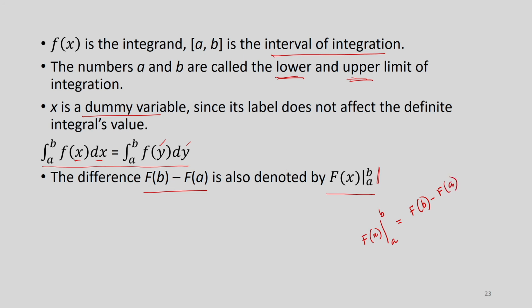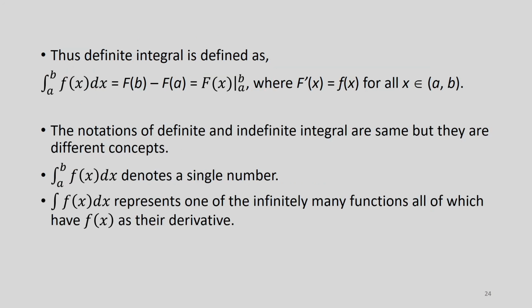This is what we are going to see later on repeatedly. So, this is what is being written here: integration of a to b f x dx is equal to capital F b minus capital F a, which is equal to capital F x from a to b, where capital F prime of x is equal to small f x for all x belonging to the open interval a to b.